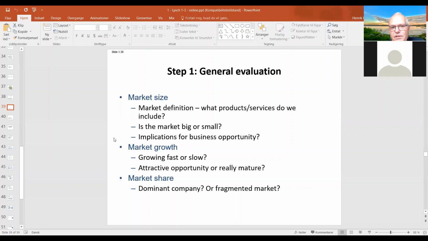But if we look at this one here, market size, market growth and market share, these actually depend on this one called market definition. That means what products, what services do we include when we are defining the market that we are operating in. And I would like to use a little example to illustrate this.